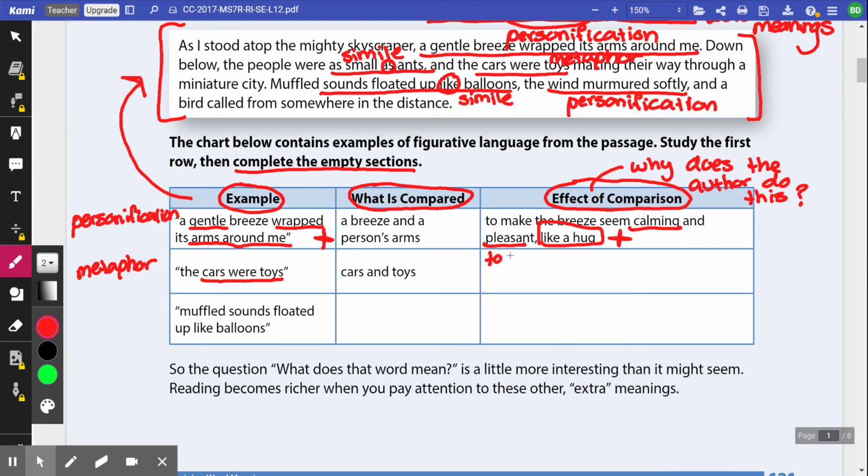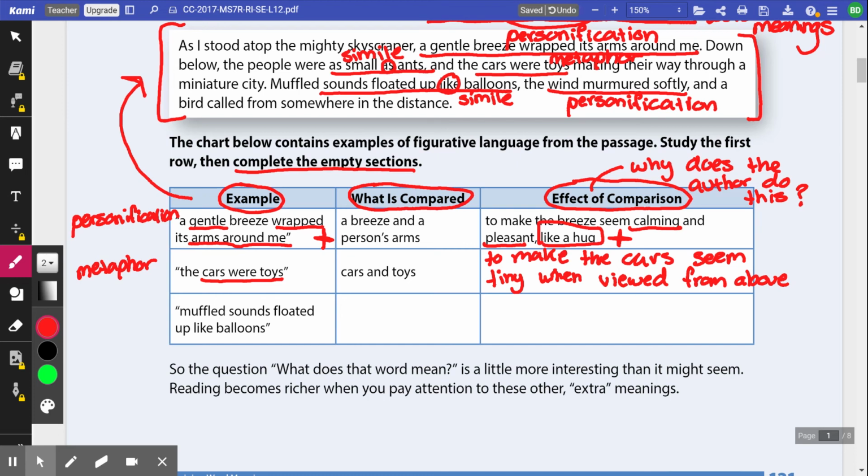So the author does this to make the cars seem tiny when viewed from above. Okay. The cars were toys. All right, so now let's move on to the last one.